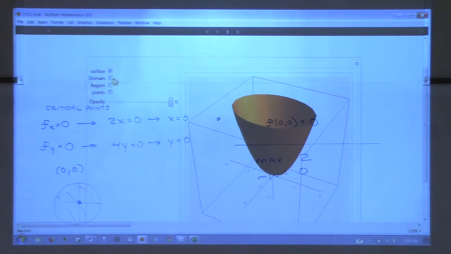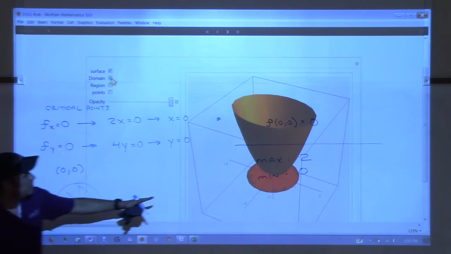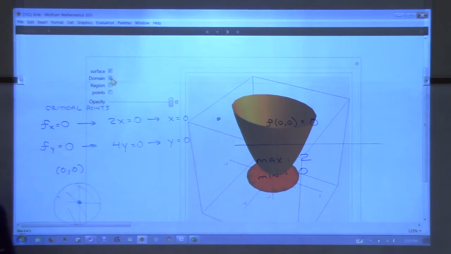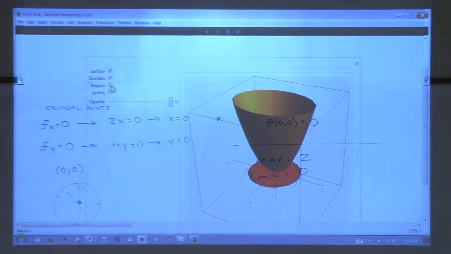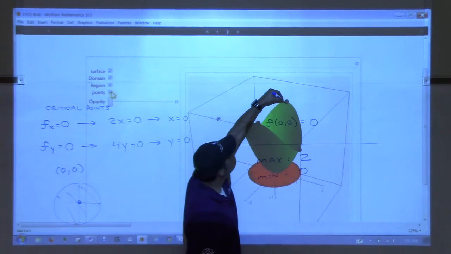So our picture looks different. Instead of just having a circle on the ground, we have a disk on the ground. And when that disk gets plugged in, instead of having this curve up on the surface, we actually have a surface again. What we have found are these 2 highest points.